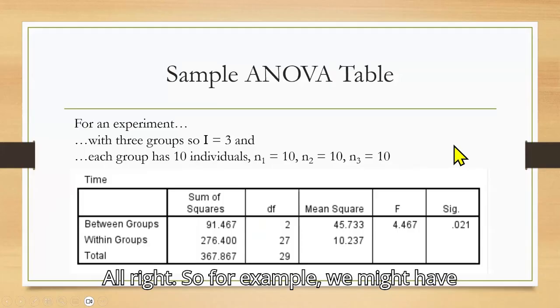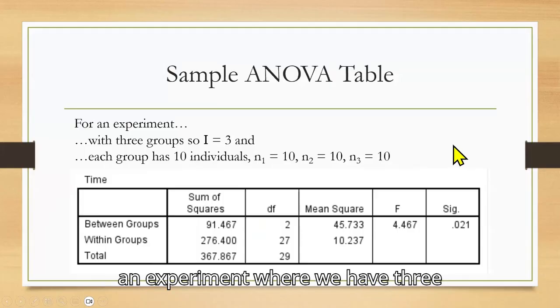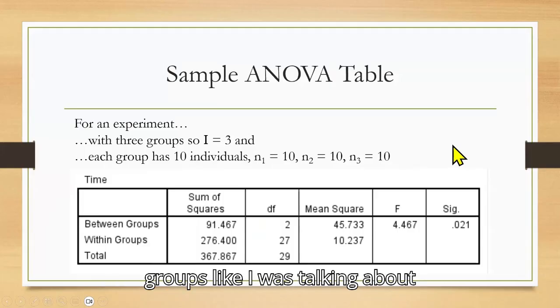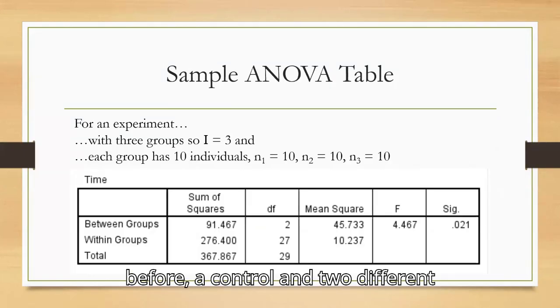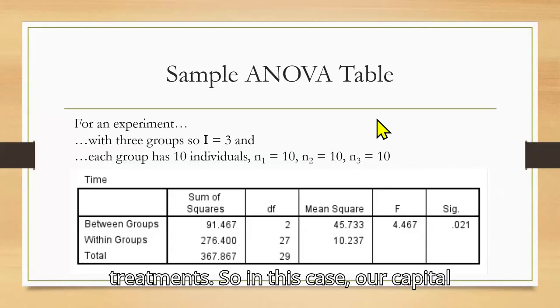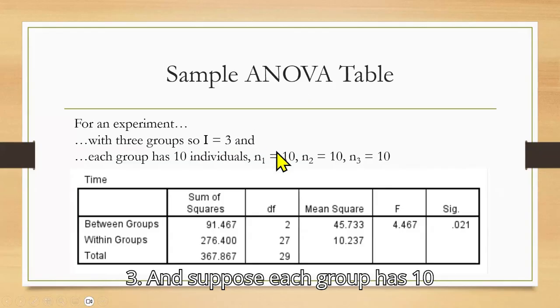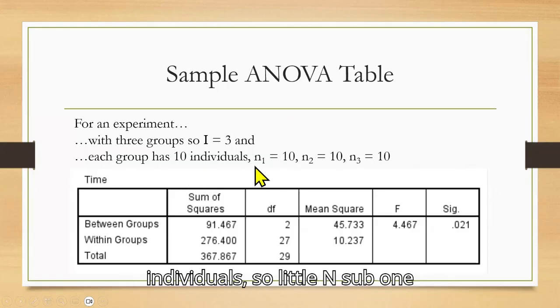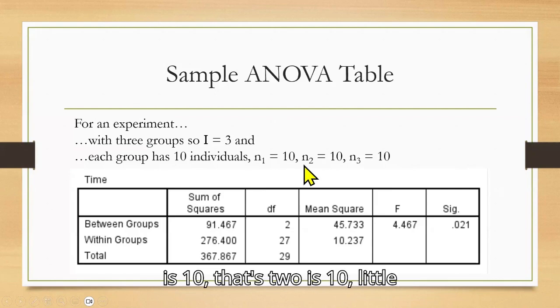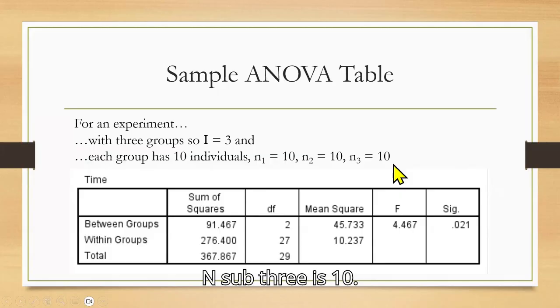All right, so for example, we might have an experiment where we have three groups, like I was talking about before, a control and two different treatments. So in this case, our capital I, our number of groups, is going to be 3. And suppose each group has 10 individuals. So little n sub 1 is 10, little n sub 2 is 10, little n sub 3 is 10.